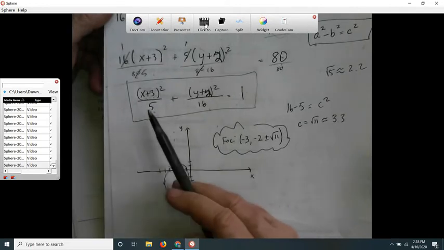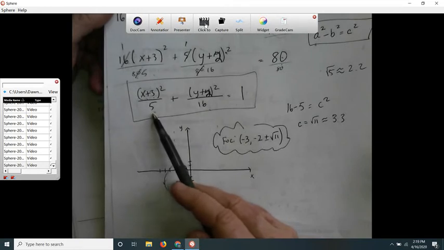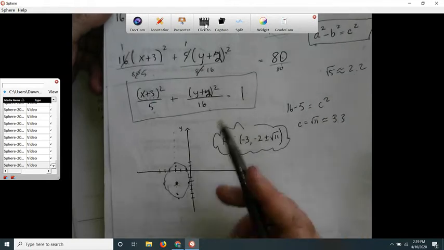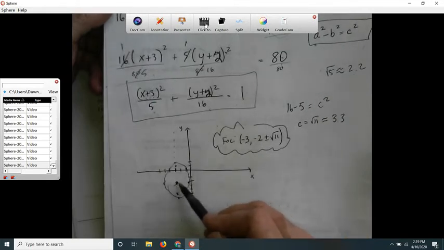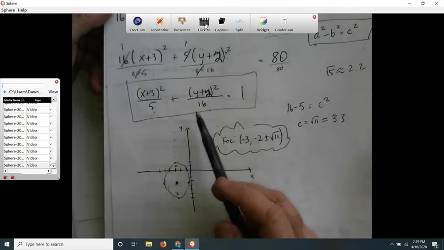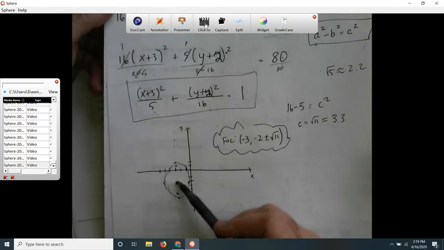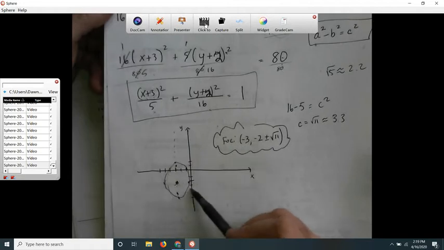So this is a squared. So a is actually square root of 5, which I found to be 2.2. So I went right by 2.2 and left by 2.2. And I'm going to go up and down by 4 because that's the square root of 16. Okay, and then I just formed my ellipse.